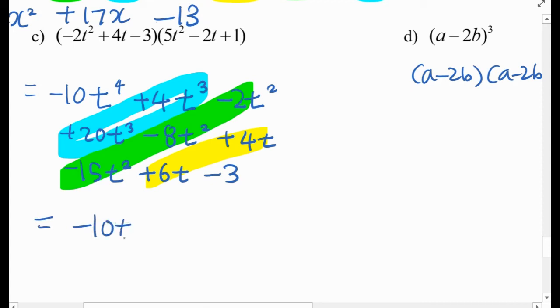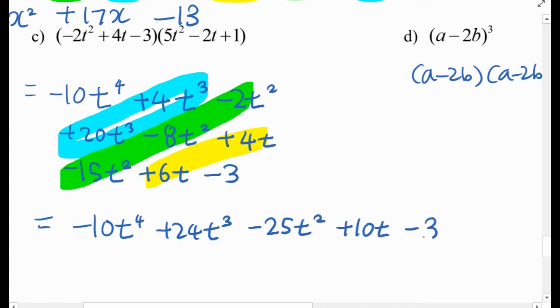Negative 10t to the power of 4, positive 4t cubed plus 20t cubed is 24t cubed. Negative 2, negative 15 is negative 25t squared. Positive 4, positive 6, 10t minus 3. So this is the answer.